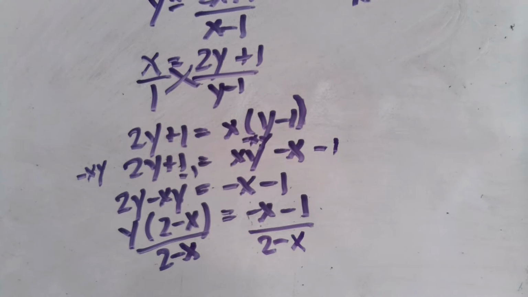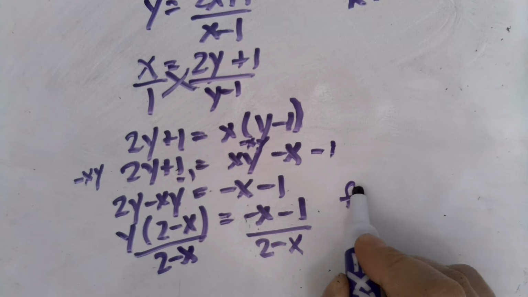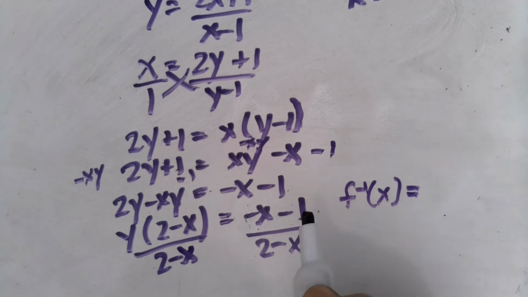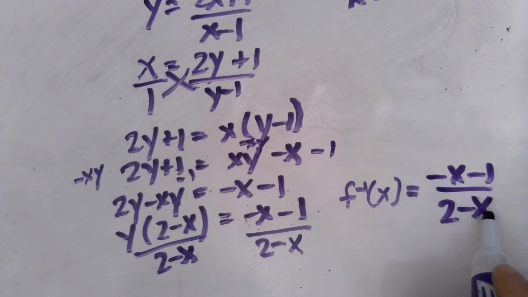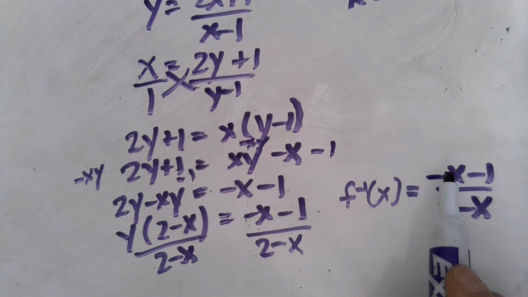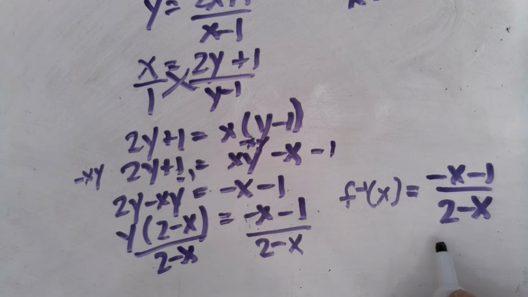So you might see now that my final answer is f inverse of x equals negative x minus 1 over 2 minus x. I want to make sure you realize that I can multiply everything in here by a negative 1. So if you're doing Math Excel assignment and they give you this, these mean the same thing.